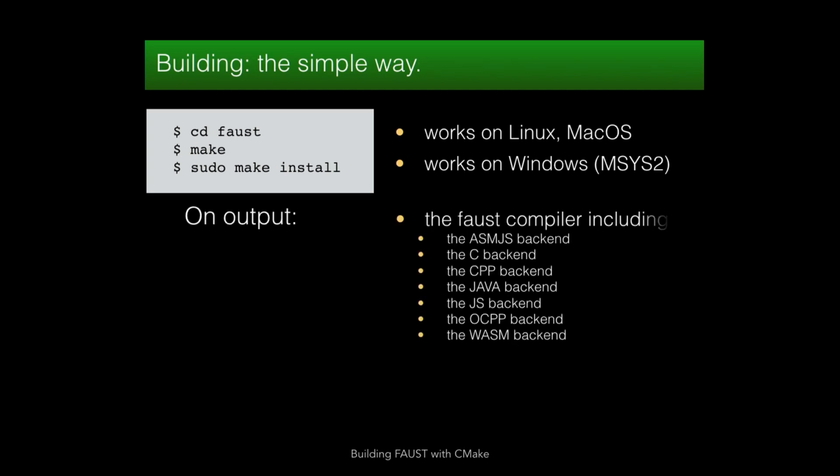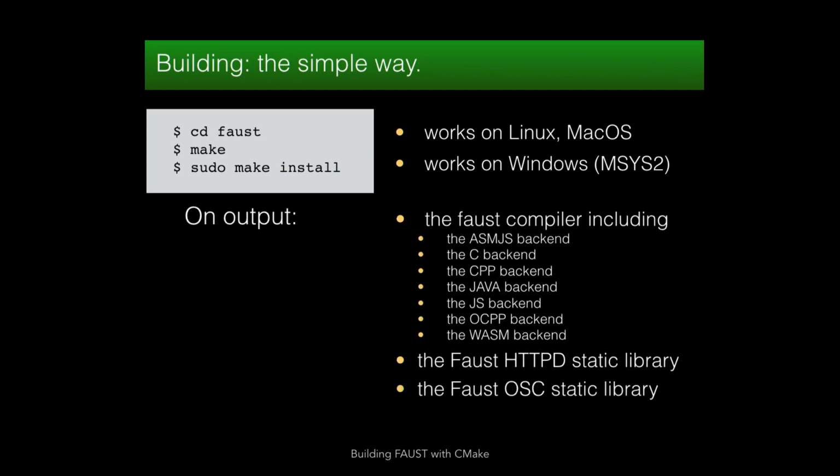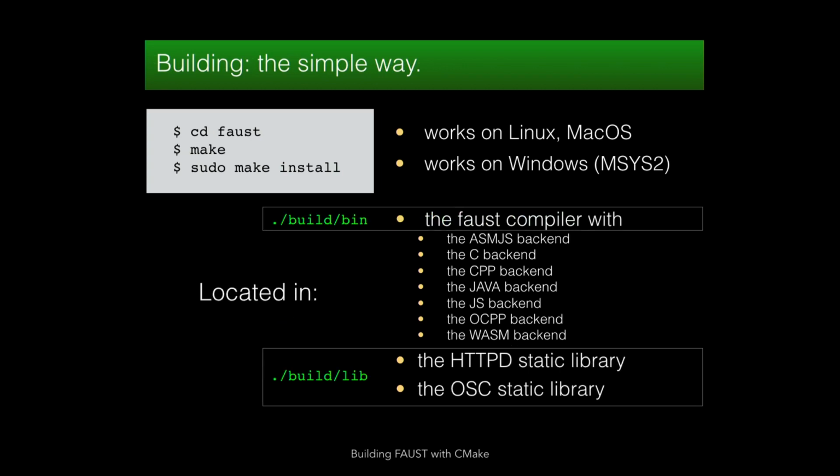And on output you get the Faust compiler, including not all the backends, but the backends listed here, and the Faust HTTPD static library and the Faust OSC static library. And you can find the Faust binary in a bin folder located in the build folder, and the libraries in a lib folder located in the build folder.